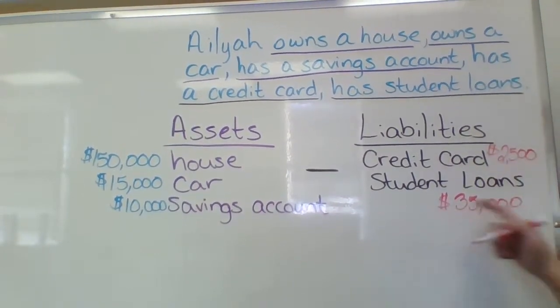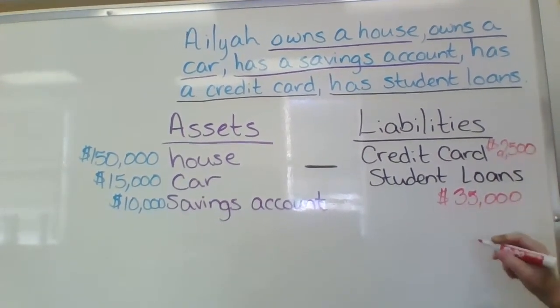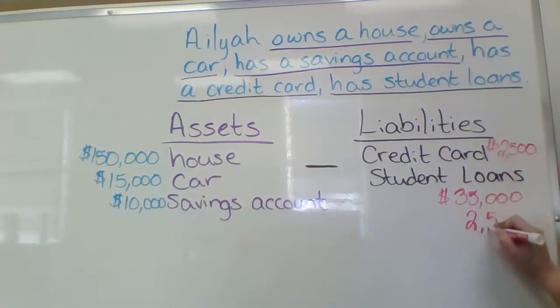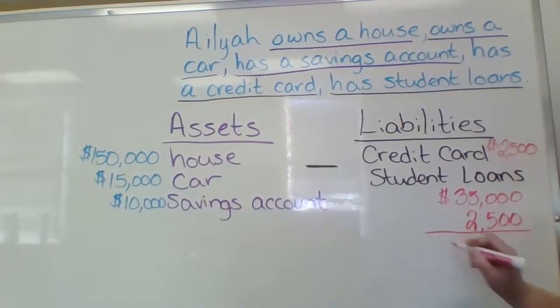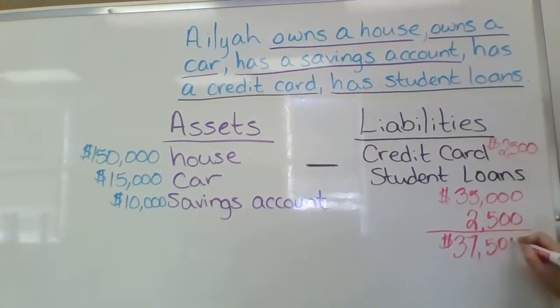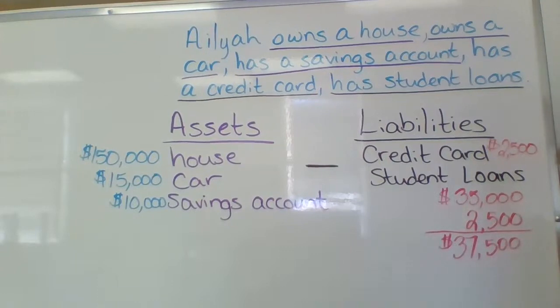All right? Since I'm over here, I'm going to add up her liabilities first. So I have $35,000 in student loans, and I have $2,500 in a credit card. So if I add that up, that means her liabilities are $37,500. So those are her debts.